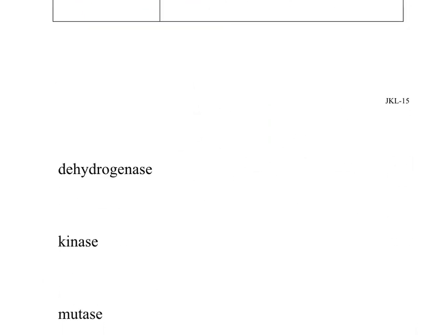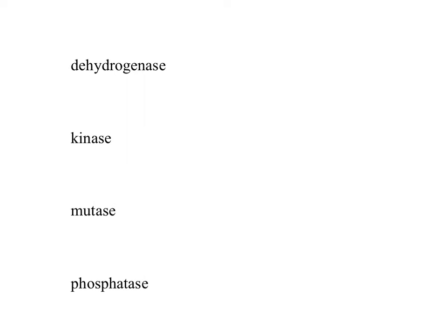Let's go to that page where we were filling in these types of definitions. Mutases in general are going to be enzymes that move a phosphate group within a molecule.